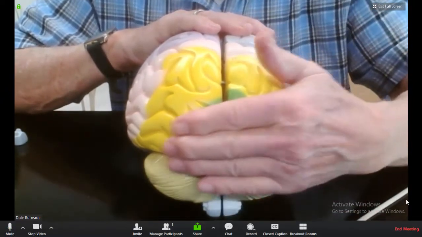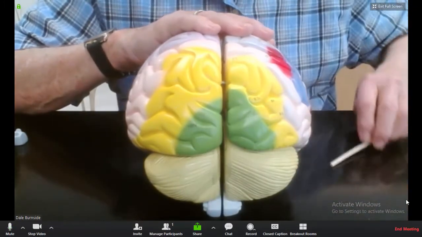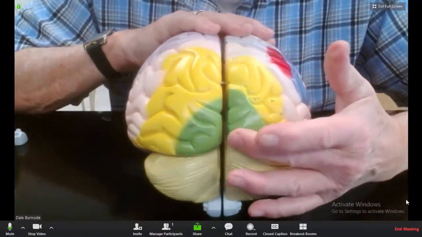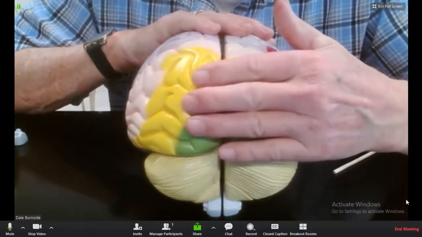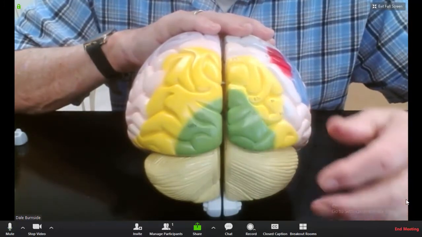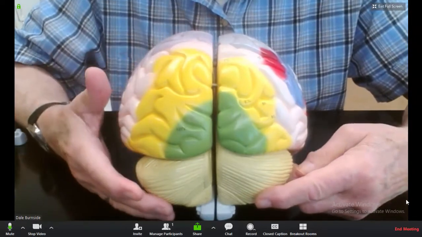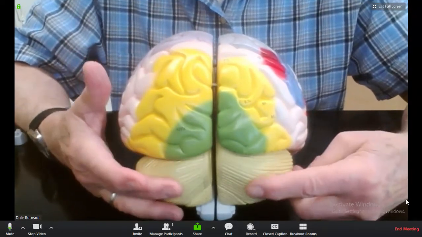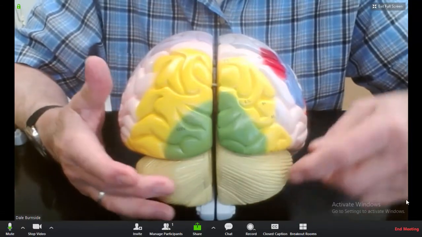If you bump the back of your head, you've got to check your vision, because the visual cortex is right here. See, it's a little bit different color than the rest of the occipital cortex. Okay, and then down here sticking out, you might be interested. This is the cerebellum. We're going to talk more about that in a minute.